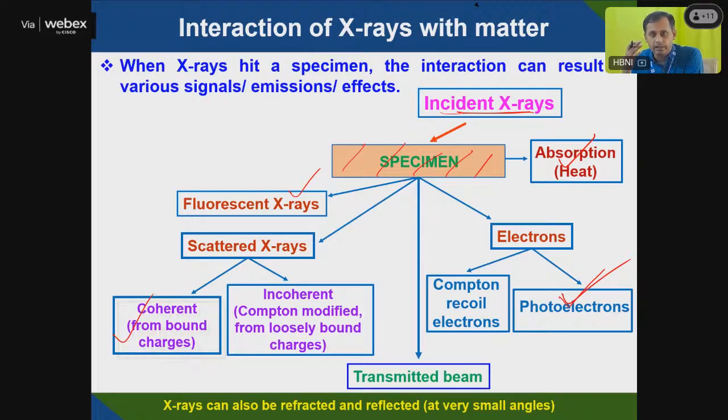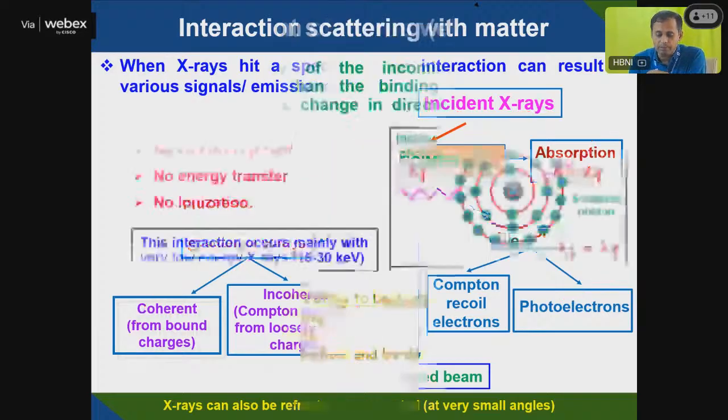X-ray can easily pass through any material because of its very high penetration depth. Another type of electron, the Auger electron, is also possible, as in Auger spectroscopy, which we will cover in the spectroscopy section. So all those types of interaction are possible.